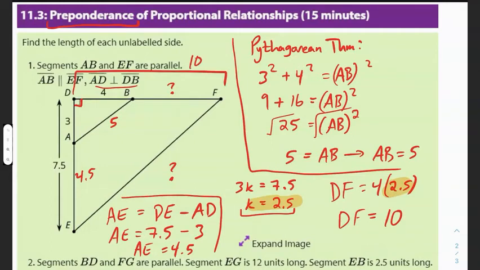That means BF is what? We have 10 for the whole thing. The small part is 4, so the other piece has to be 6. So that helps us find BF, which is 6. There we go. Making more sense.